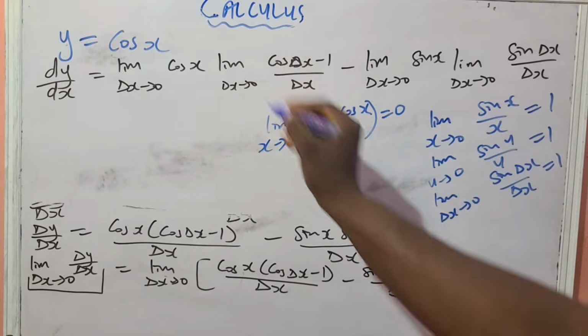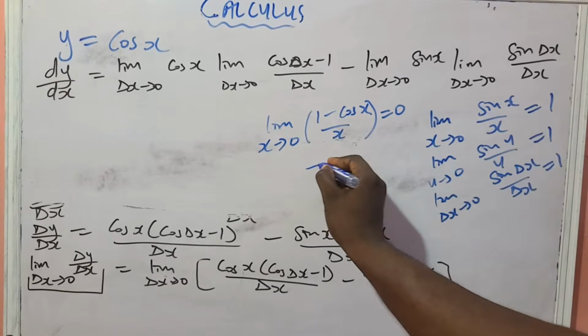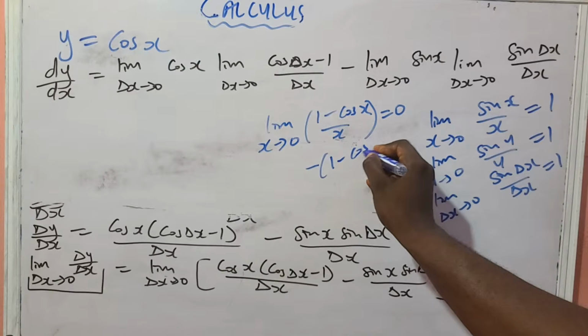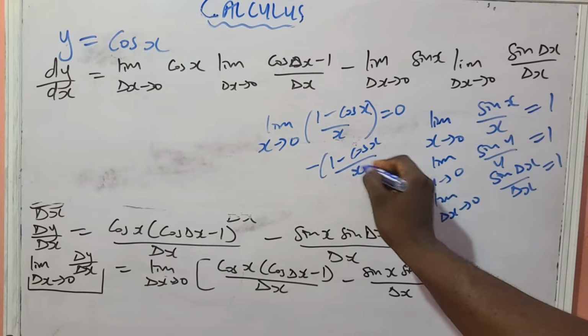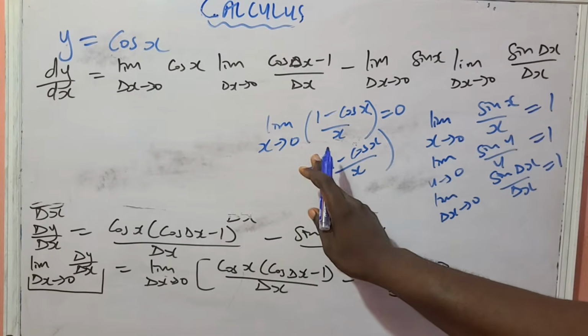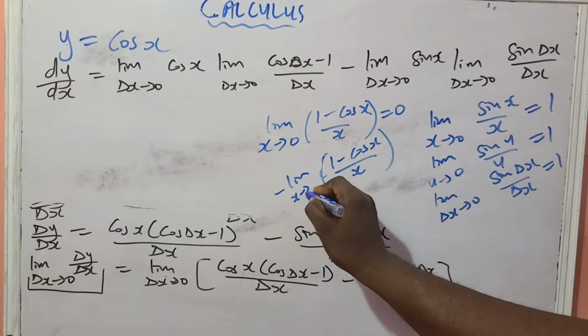So this is very similar to this, more like you had minus 1 minus cos x over x. So in the end, it's like minus 0. Bring out minus, you have limits of x tending to 0.